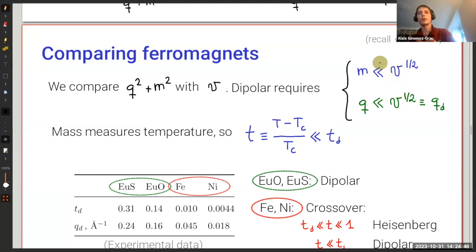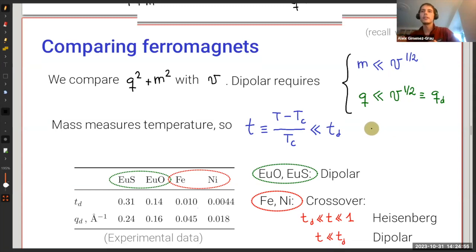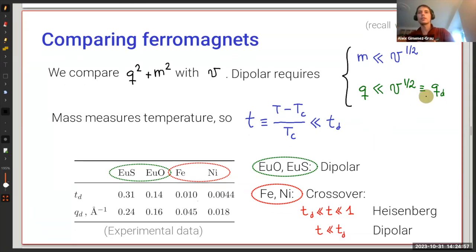What we want to do is convert this into something that we can compute for different experiments. The details are not terribly important, but we came up with a way to transform this condition into a condition on the reduced temperature. Having a mass which is small is equivalent to tuning your temperature very close to the critical point.